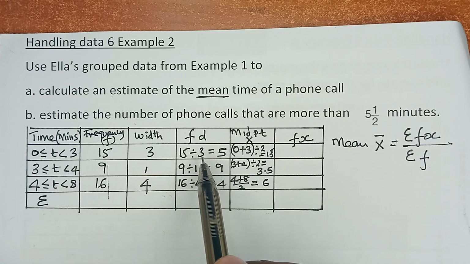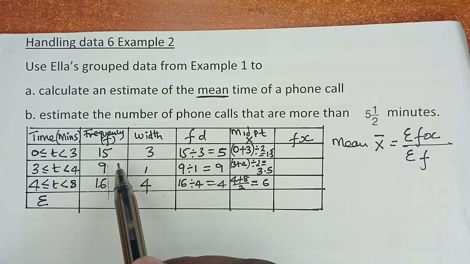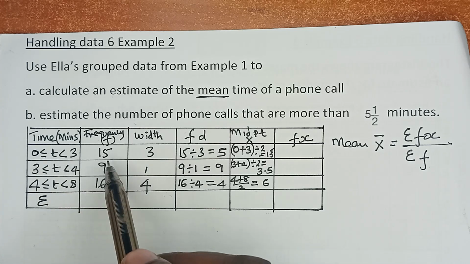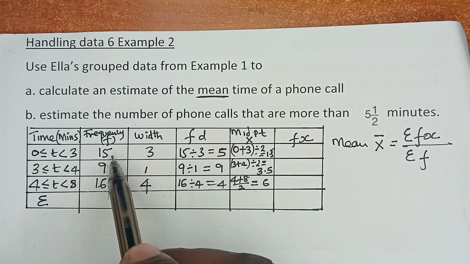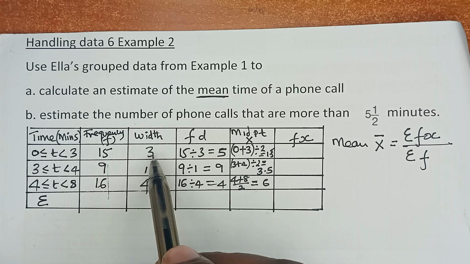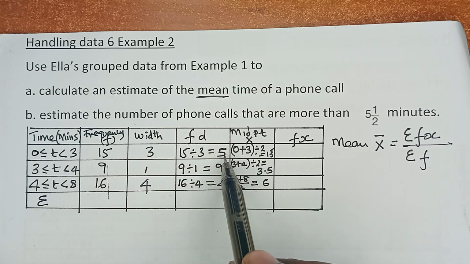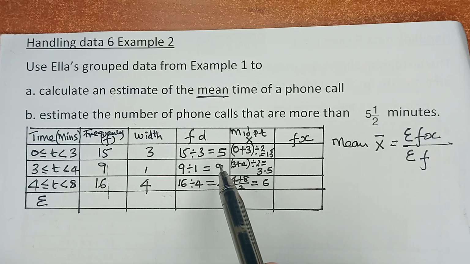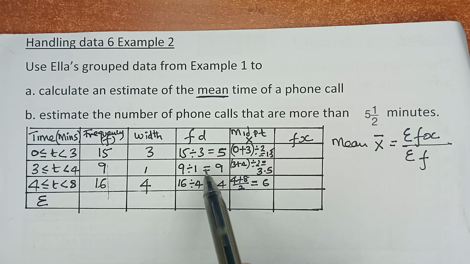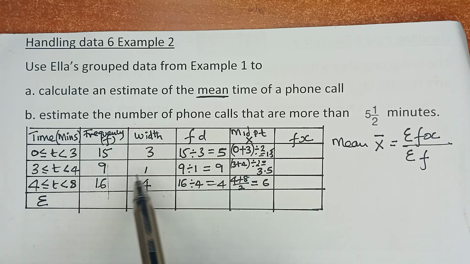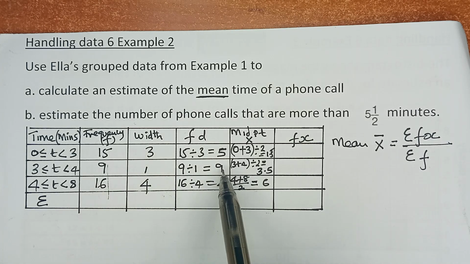For example, the frequency density of the first class, which is from 0 to 3, is the frequency, 15, divided by the class width, 3, and that is why we have a frequency density of 5. The frequency density of class 2 is the frequency divided by the class width, which is 1, and this is 9 divided by 1, which is easily 9, and so on and so forth.